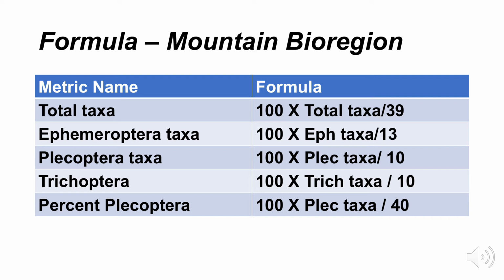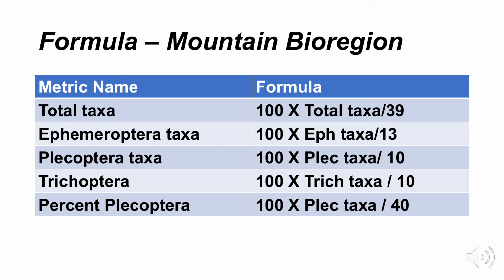Our total taxa metric, the formula is 100 times the total number of taxa we found in our samples divided by 39. The EPT taxa, the formula is simply 100 times the number of taxa we find divided by 10. Then the percent plecoptera, the formula is 100 times the taxa divided by 40.